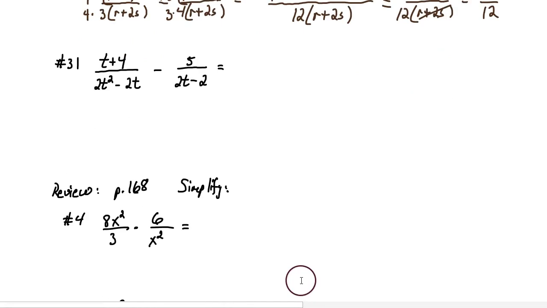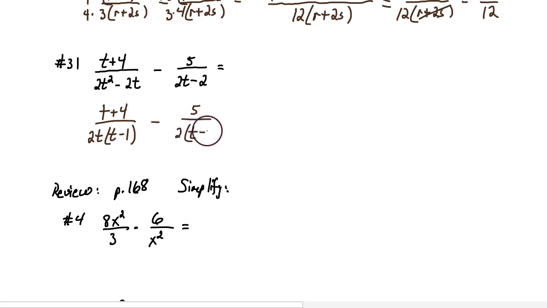Number 31, let's factor the denominators here. So we have t plus 4 over 2t times t minus 1, minus, and then over here the denominator factors as well as 2 times t minus 1. Now let's make our lowest common denominator. They both have a 2, so we don't need to change the numerical coefficient.